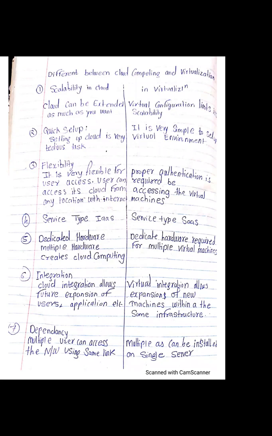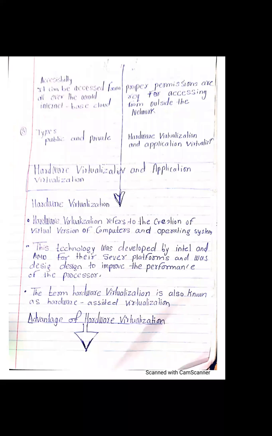After dependency, accessibility. Now how does accessibility work in cloud computing and in virtualization? If you talk about cloud computing, it can be accessed from all over the world, because it is an internet-based cloud, so accessibility is more.